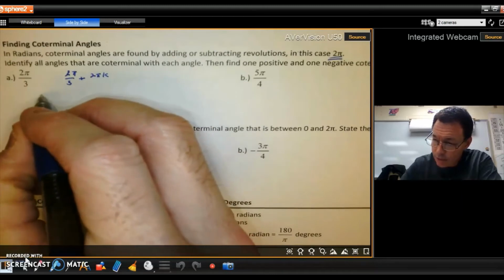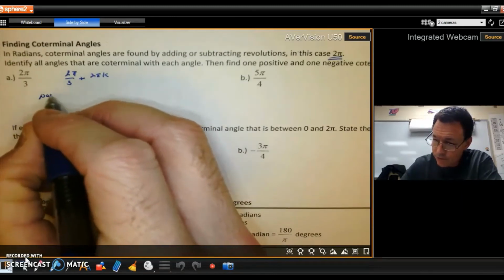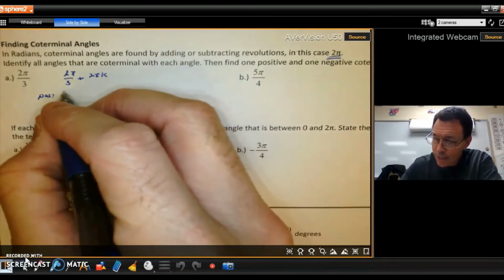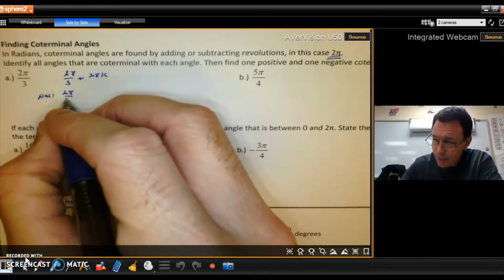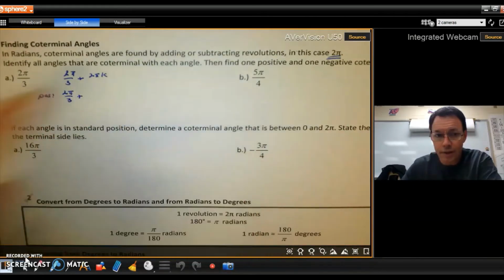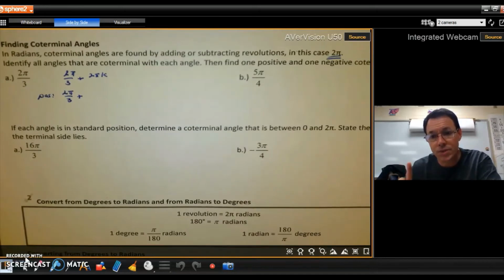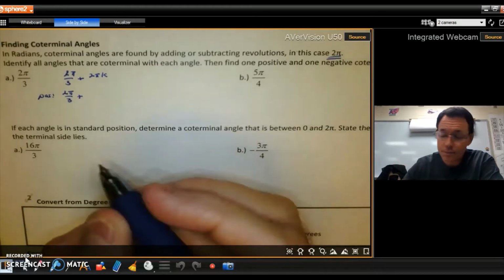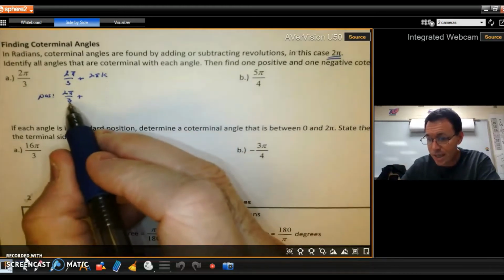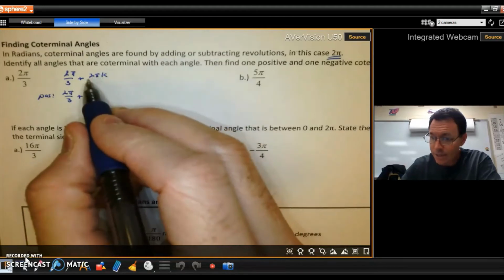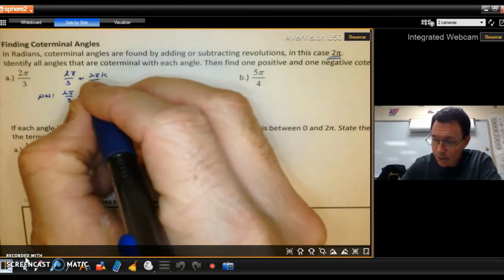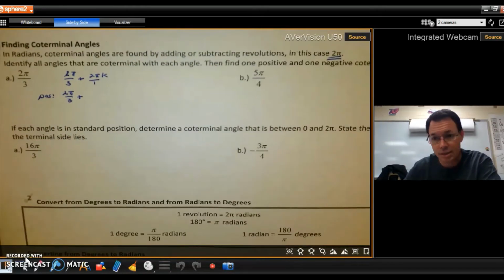So we're going to do what we did yesterday. To find a positive, we're going to take the given angle and add 1 revolution. Now, this is where you've got to stop and think. To add fractions, I need common denominators. If this fraction has a denominator of 3, and 2 pi has a denominator of 1, then my common denominator would be the 3.